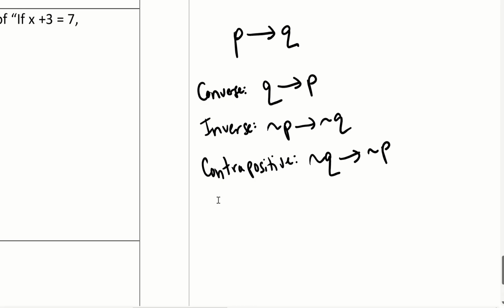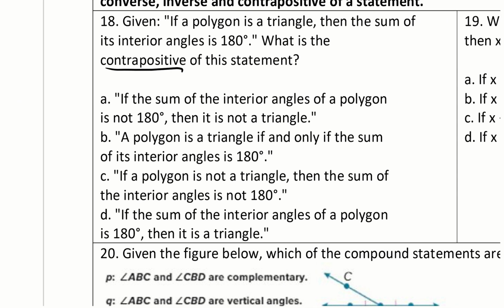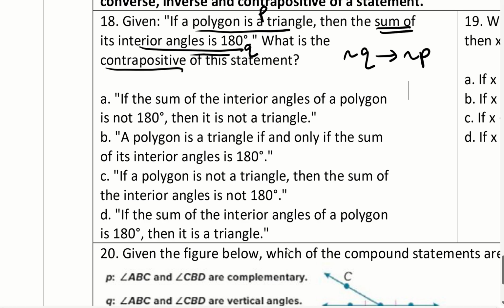I think they're asking about the contrapositive here. All right? So we're going to call this P. Then we're going to call the sum of the interior angles Q. All right, so for the contrapositive, we want to do not Q goes to not P. So if not Q, then not P. So if the sum is not 180, then it's not a triangle, okay?